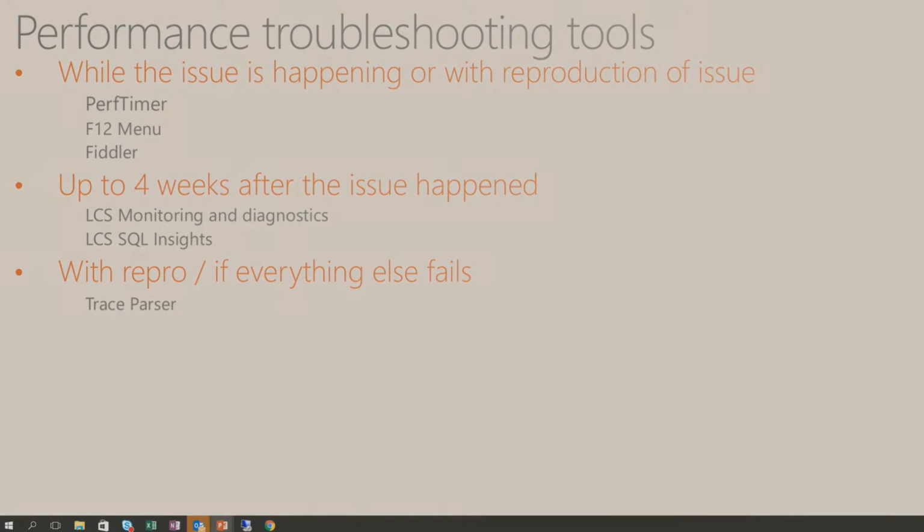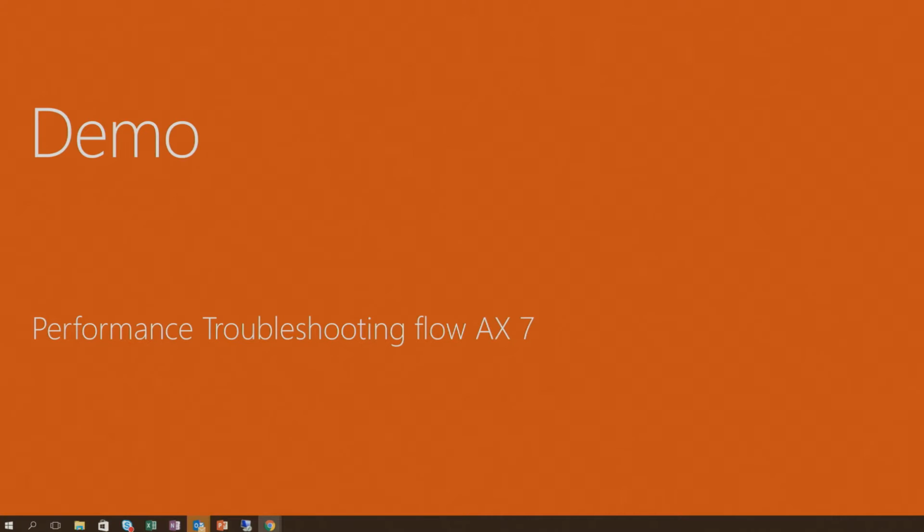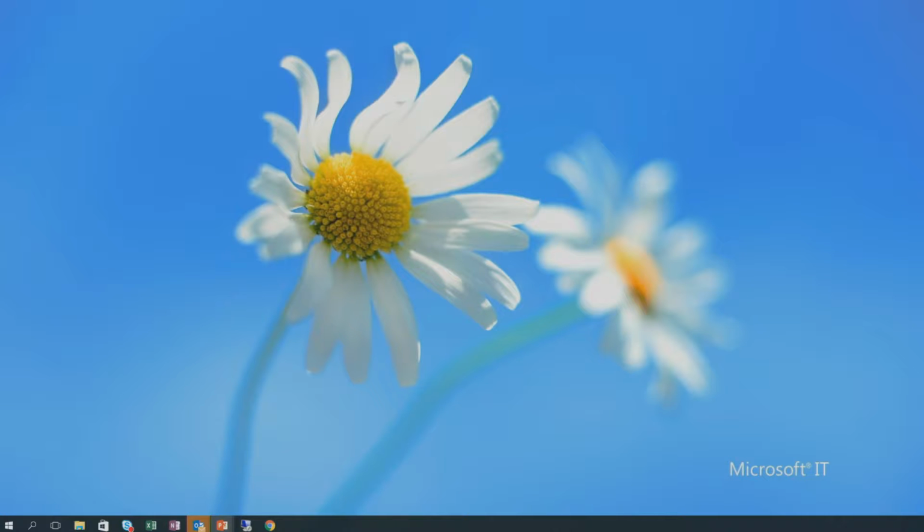So, that's what we're going to do right now. Here we have AX, beautiful and shiny. Let's assume I just have some slow process. I just want to understand. I show you the basic way. Oops. Let us stop the presentation.